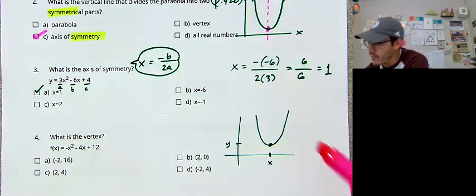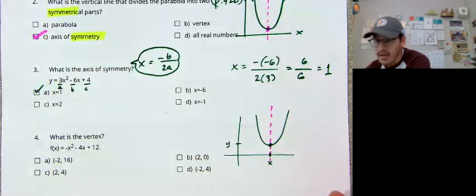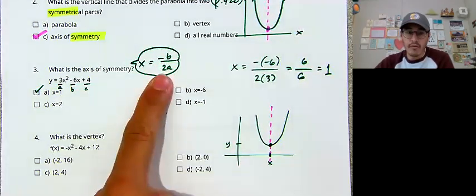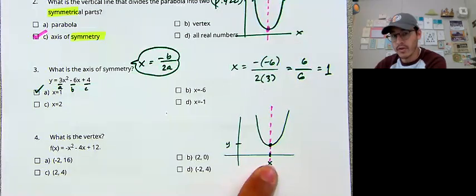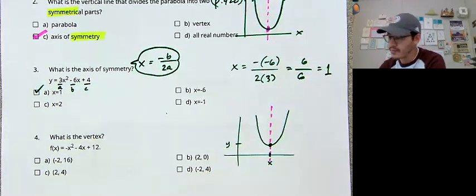Now the x coordinate we can find because it coincides with the axis of symmetry. So I'll use the same exact formula from question 3 to get the x coordinate of the vertex in question 4. But how do we get the y coordinate?